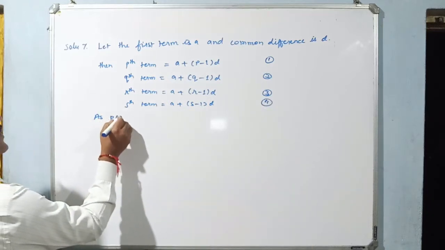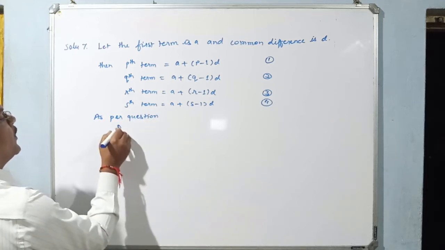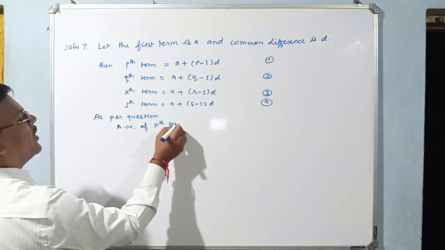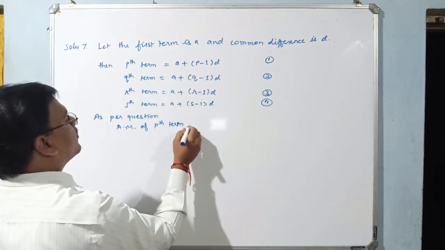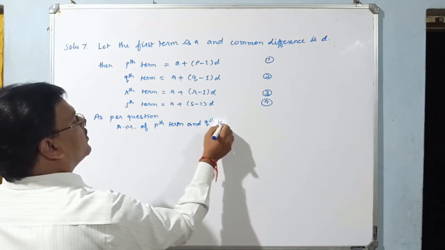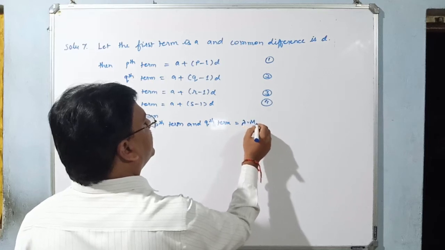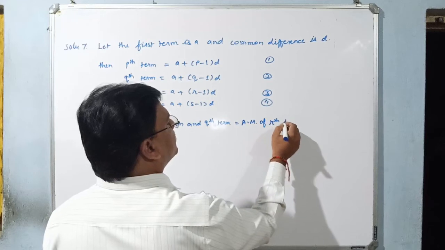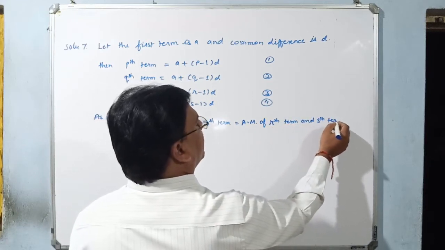As per the question, the arithmetic mean of pth term and qth term is equal to the arithmetic mean of rth term and sth term.